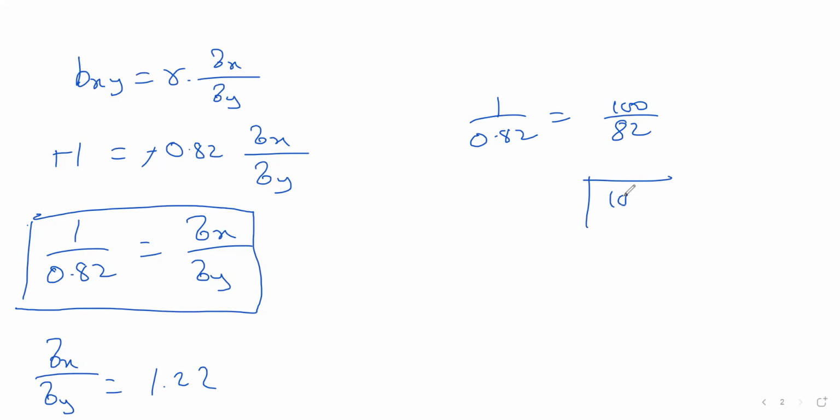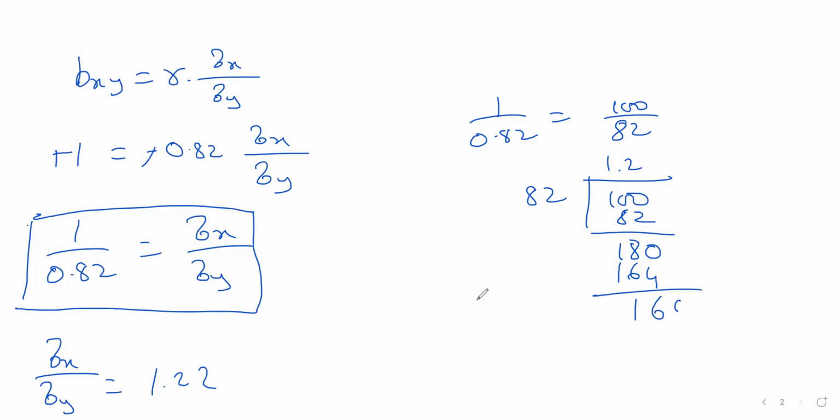So divide 100 by 82. 82 twos are 164. 82 into 3 is 246, so here it will be 164 only.